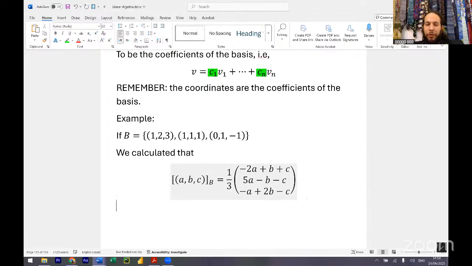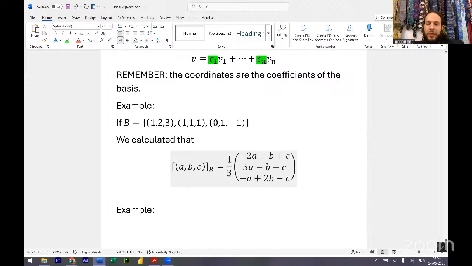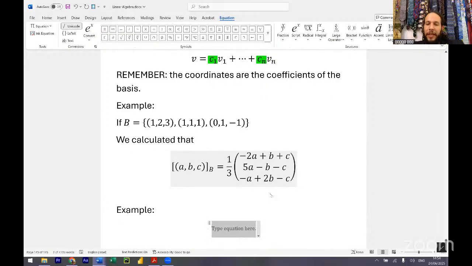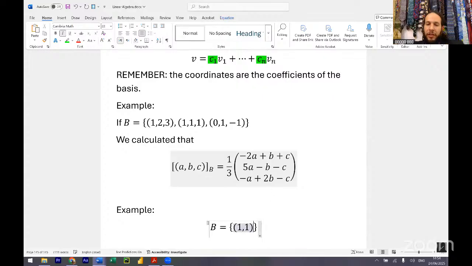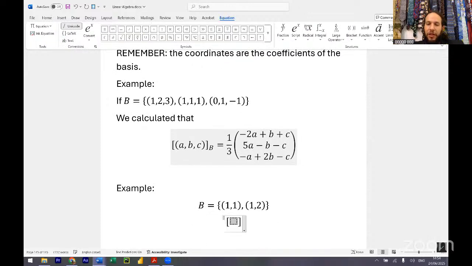Let me give you a few examples. Say the basis B is (1,1), (1,2). What are the coordinates of (1,1)? So the coordinates are the coefficients.